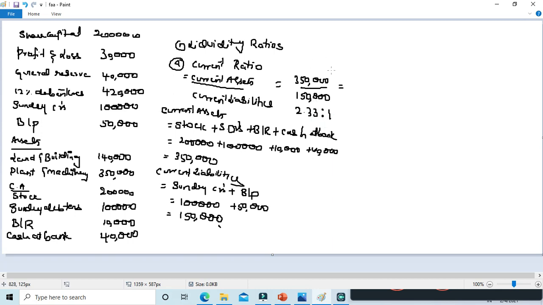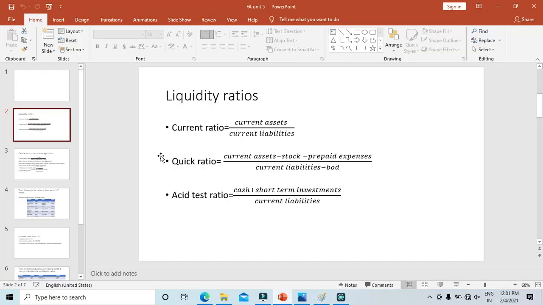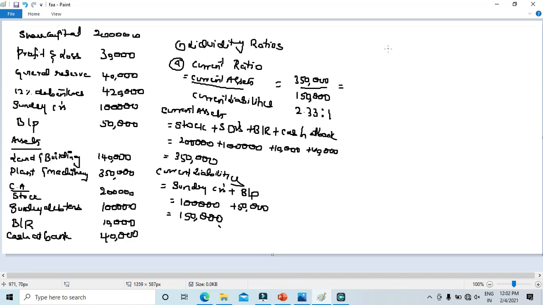We don't have prepaid expenses, so just take stock only. Divided by current liability, we don't have bank overdraft, so we will take the current liability directly. So here it will be 1,50,000 divided by 1,50,000. So it will come to 1:1 ratio.